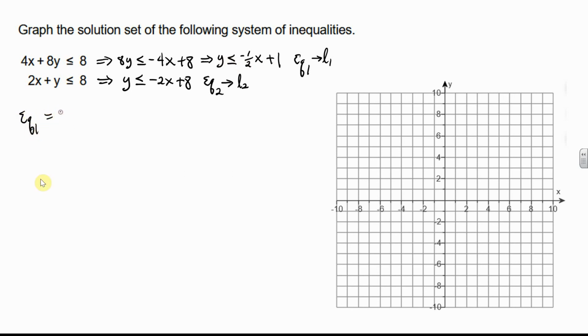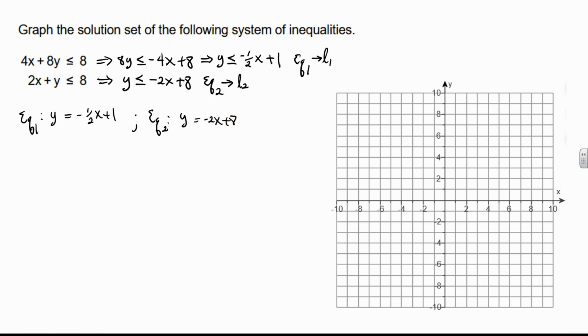Equation 1 is y equal to negative 1/2 x plus 1. And then equation 2 is y equal to negative 2x plus 8. I have to draw the lines first.